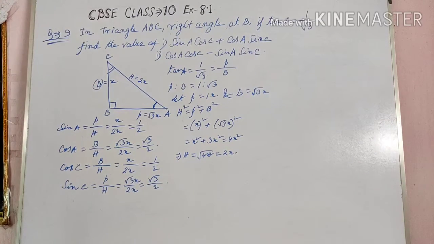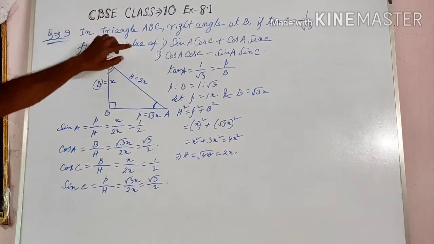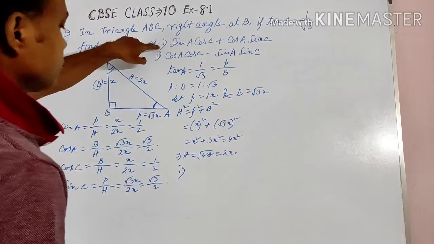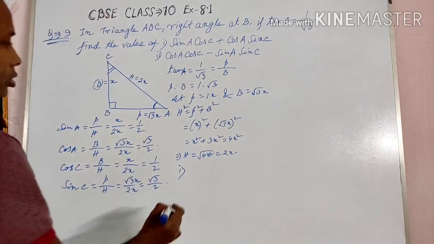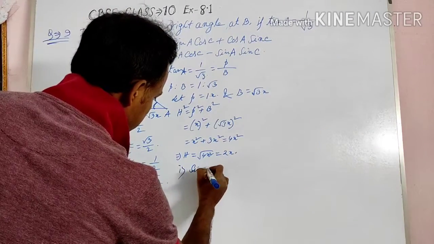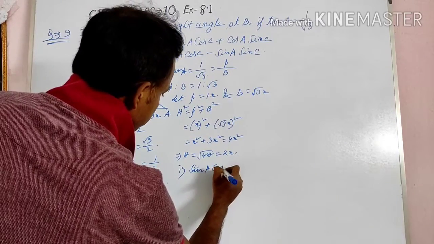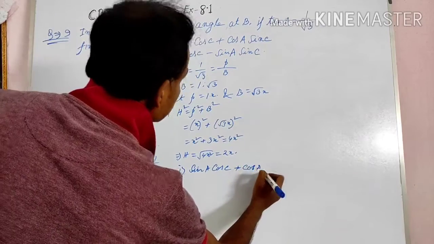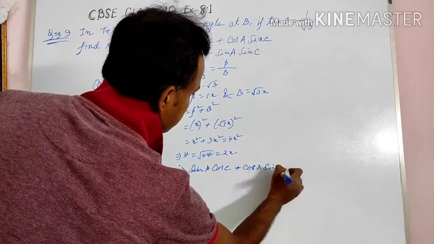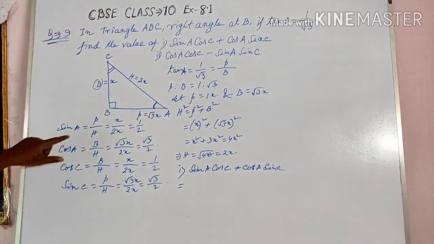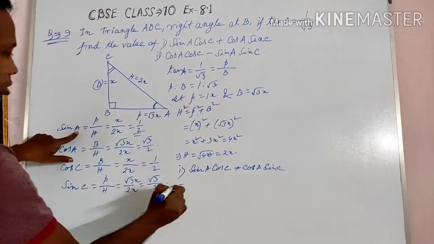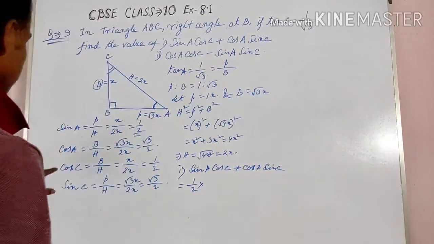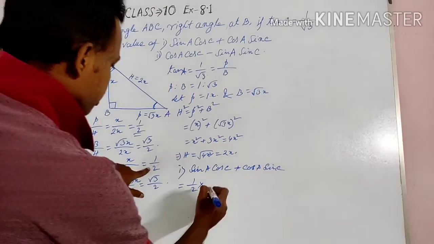So now put the value. 1) sin A cos C plus cos A sin C is equal to, put the value. What is the value of sin A? That is half. What is the value of cos C? Cos C is equal to half.